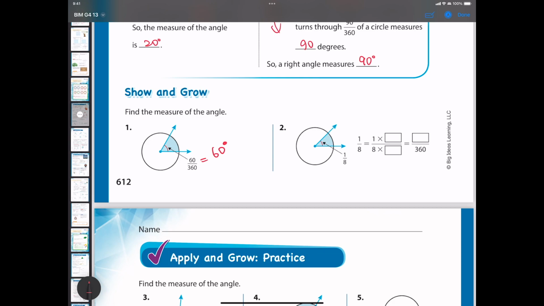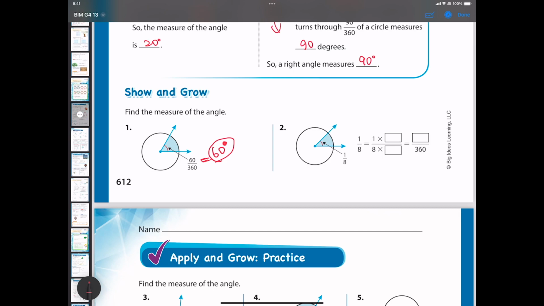Please remember this one, and it's going to make your life very easy once you remember this. Circle means 360. 60 out of 360 is the same as representing this fraction. All right, so 1/8 is equal to, we are going to use the equivalent fraction. 8 times what is going to make 360?